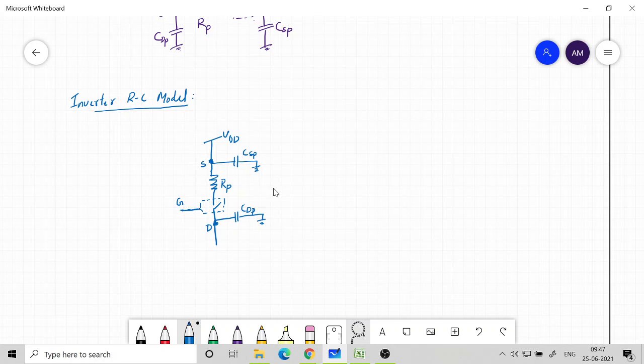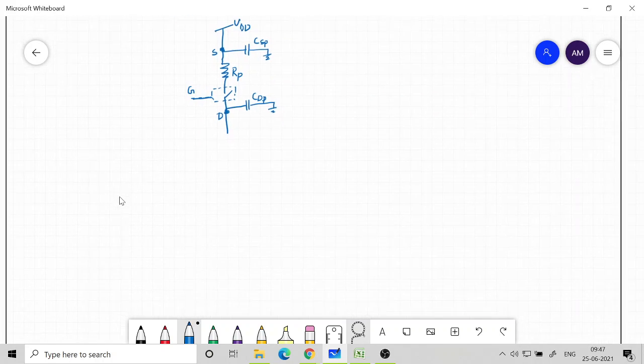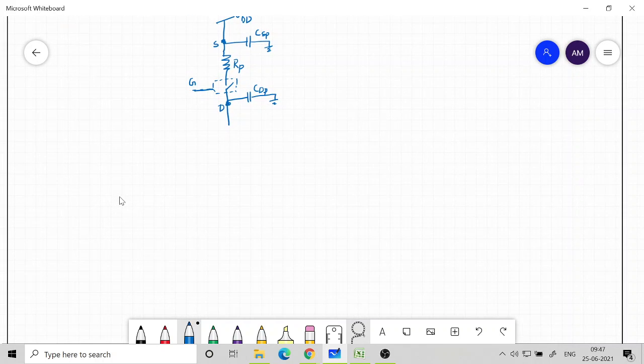And similarly again draw the equivalent circuit of NMOS. So this is Rn. So I have a capacitor here. This is my CDN. The output is taken from here. Then I have a switch. I'll put it in a box.